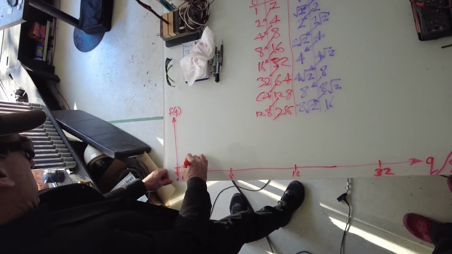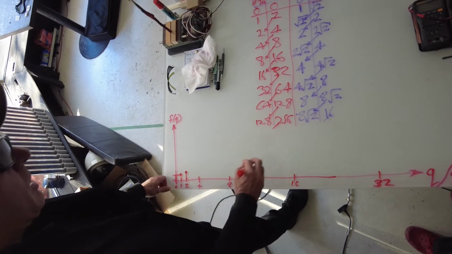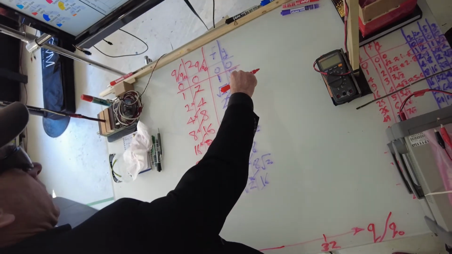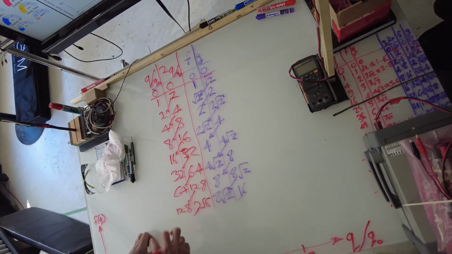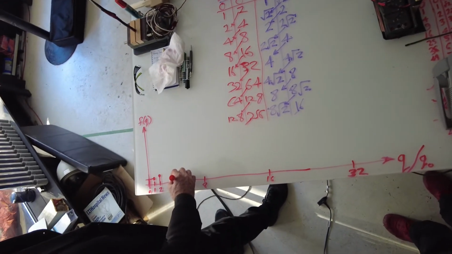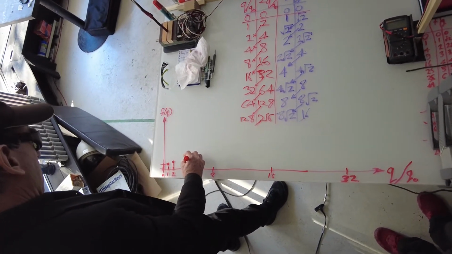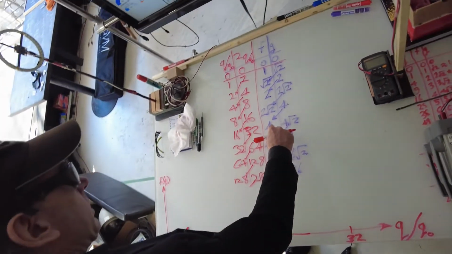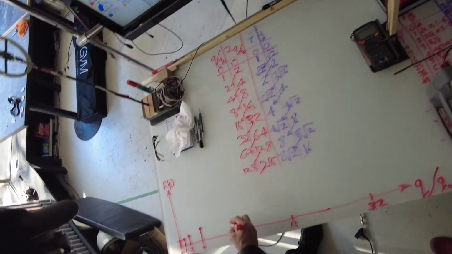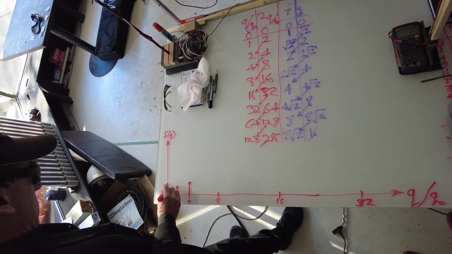So that's about 1.4 here, let's say. And then when we double the amount of light again, this goes up to 2. So that's here, roughly. And then when we double the amount of light again, this goes to 2 root 2.